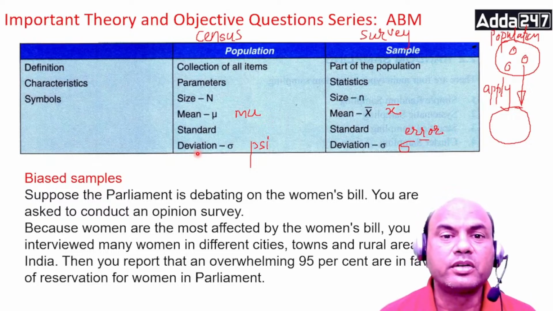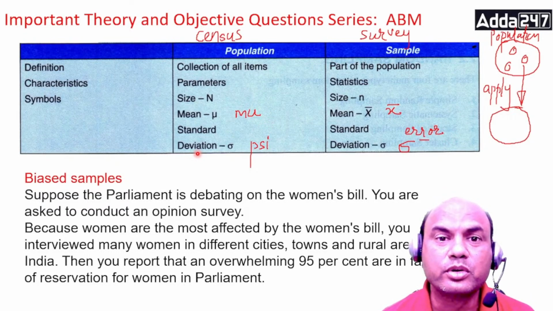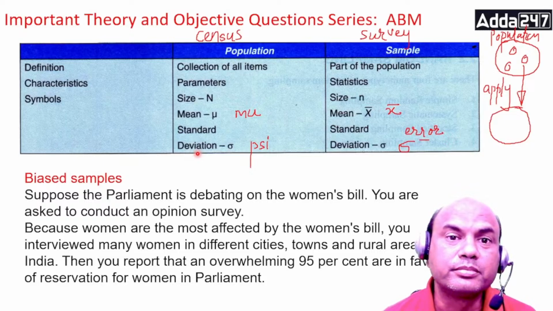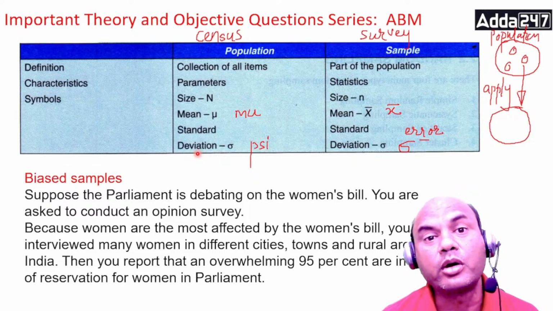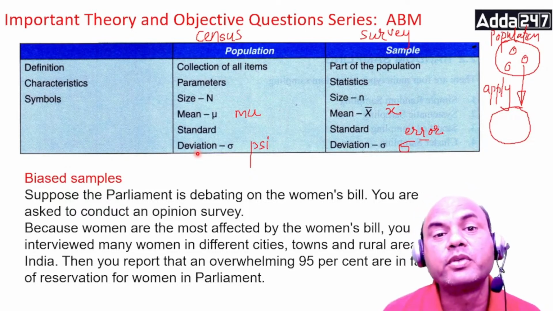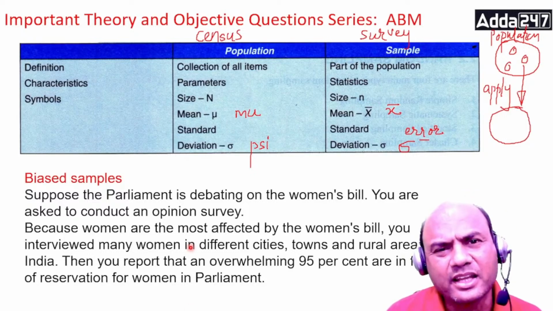The samples which you take should be common, in the sense that they should not be biased. To be frank, they should not be one-sided. In elections it happens many times.